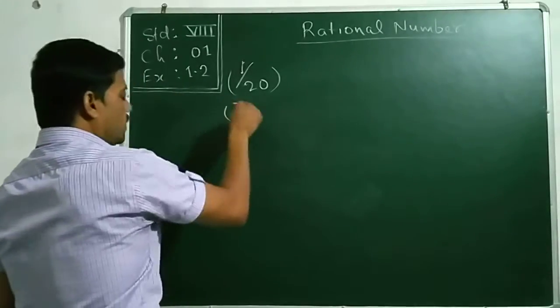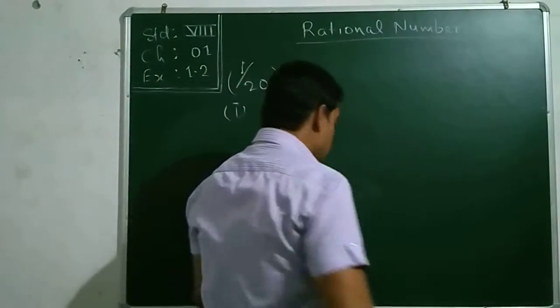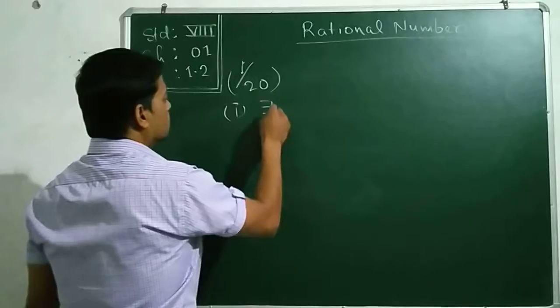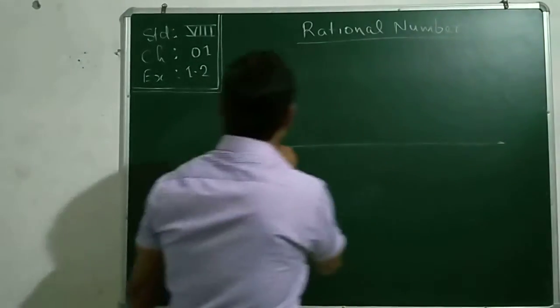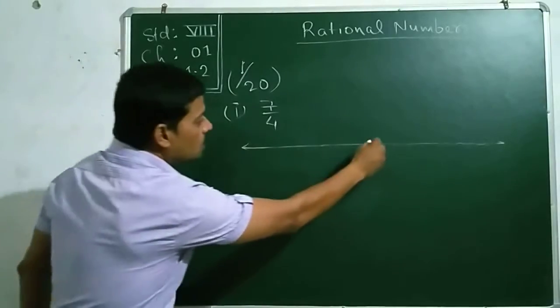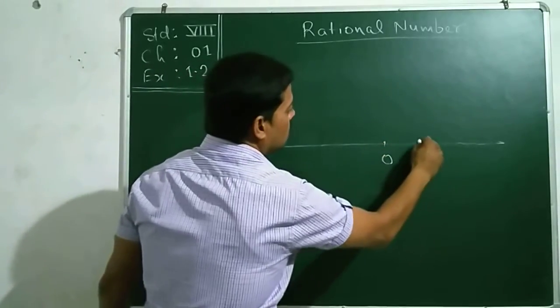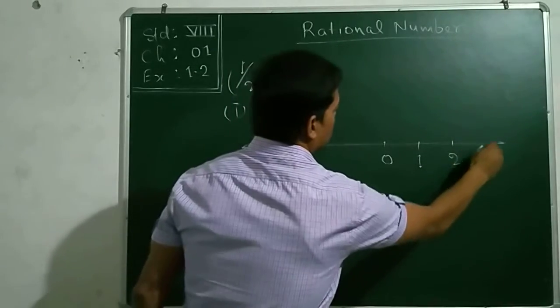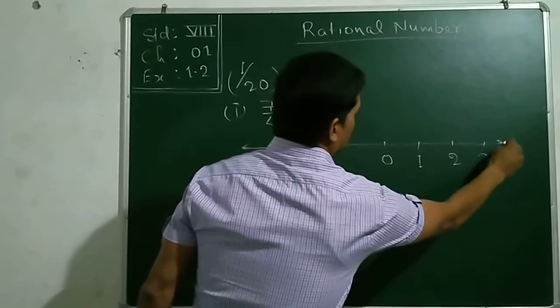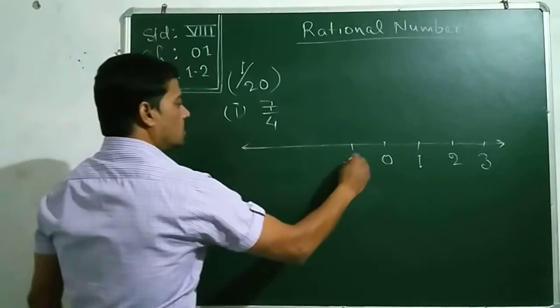The first one was 7 by 4. Draw the number line.